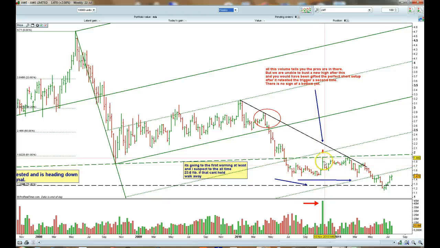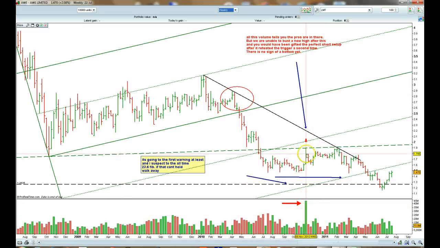And what we have is a weak bar back testing the trigger here. And it's a weak bar because it's an up bar. It's closed off its low, so it's encountered plenty of supply, and then the price has closed lower, and so that makes it a weak bar because it's encountered supply.